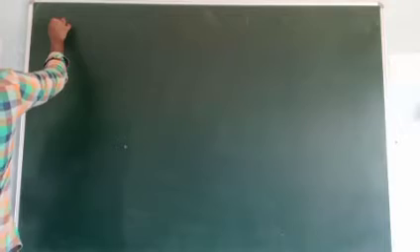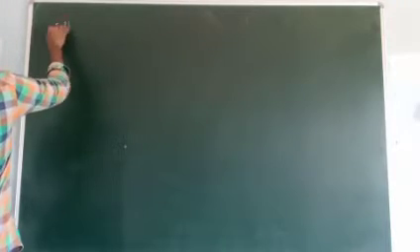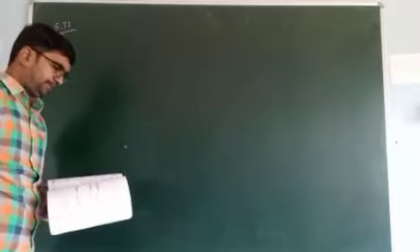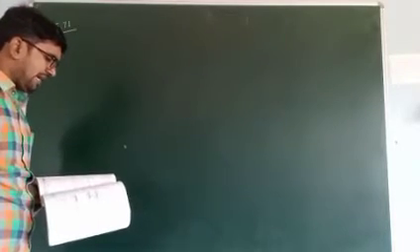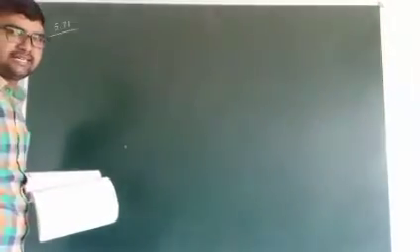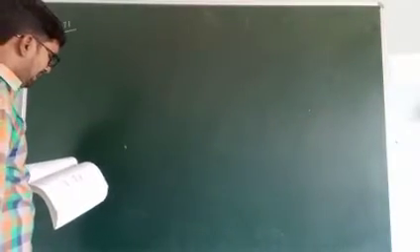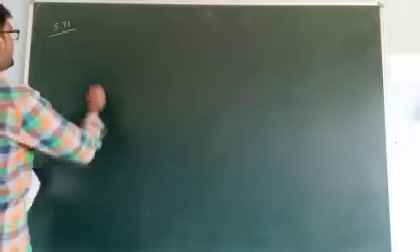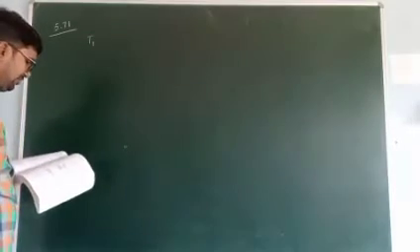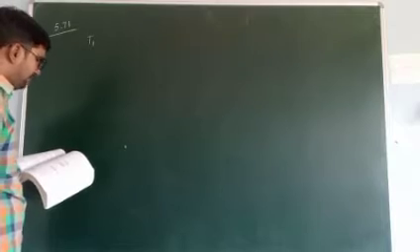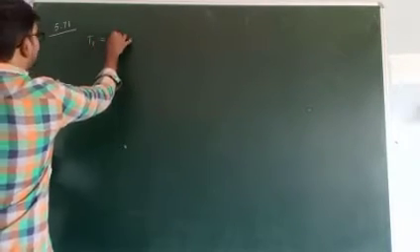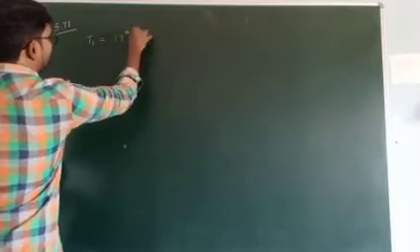Next one, 5.71. The temperature at which the average speed of a gas molecule is double that at 17 degrees centigrade. Okay, it is very interesting. First take T1 as the first temperature, and that first temperature value is 17 degrees centigrade.